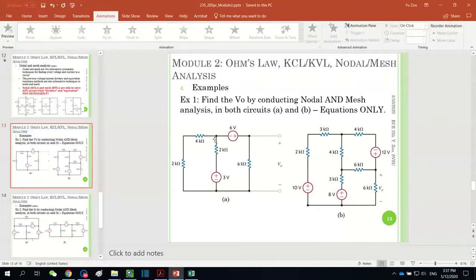Therefore, only one node is left, right in the middle here, for us to write KCL. And also another thing to be careful about is the voltage we are looking for, V0, is the voltage across the 6 kilo ohm from this node with respect to the ground here. Okay, with that being said, let's take a look at the solution here.